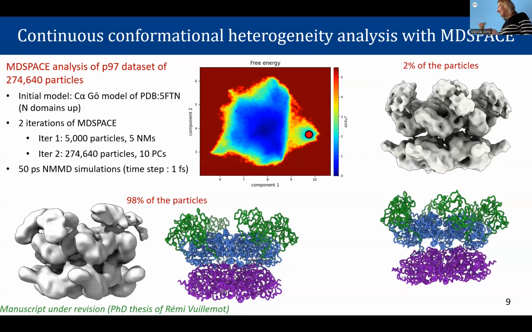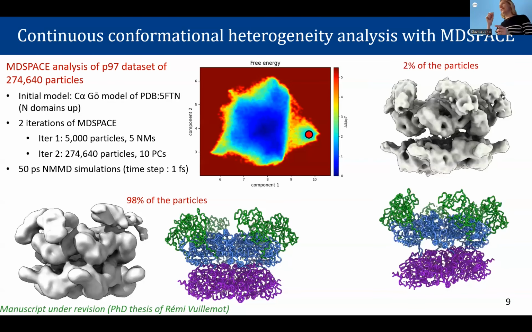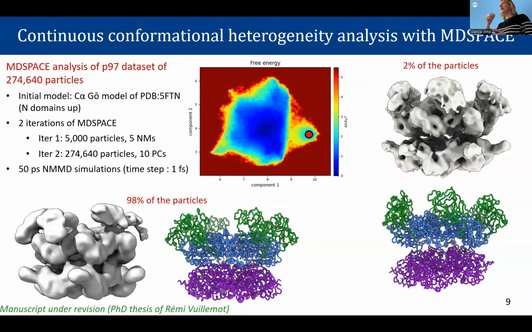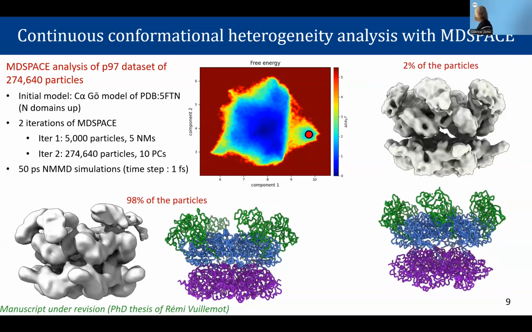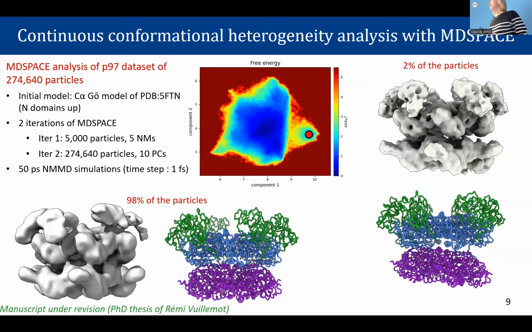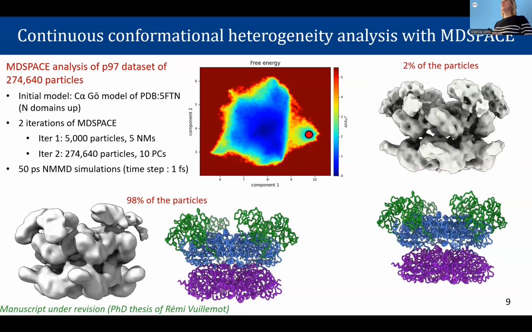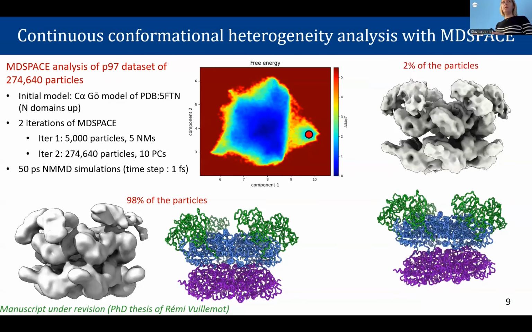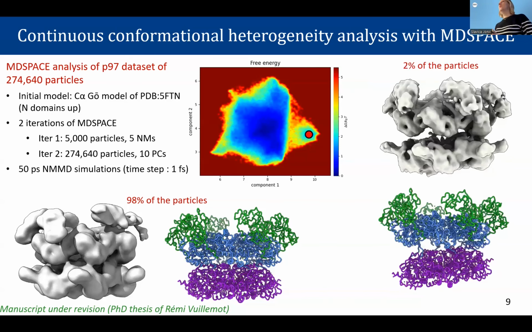But here you don't see these alpha helices and beta sheets. You see kind of wire. So you see the atoms are connected with some wires, okay? And this is because here we are using a coarse grain model. So we will speak a little bit about this.